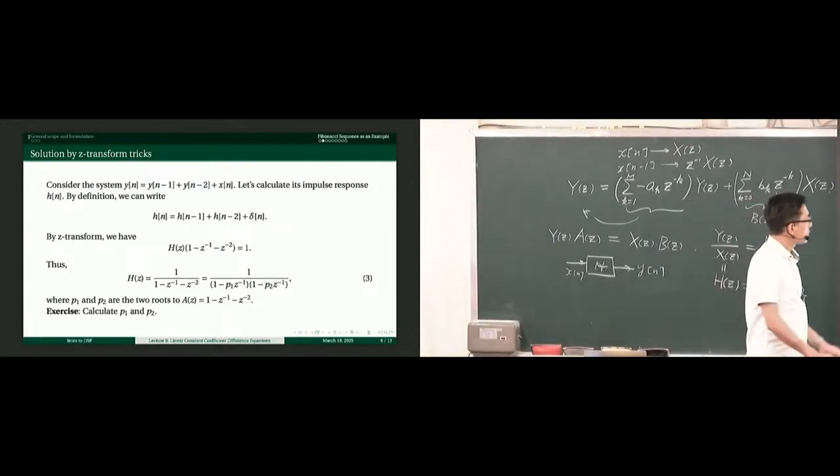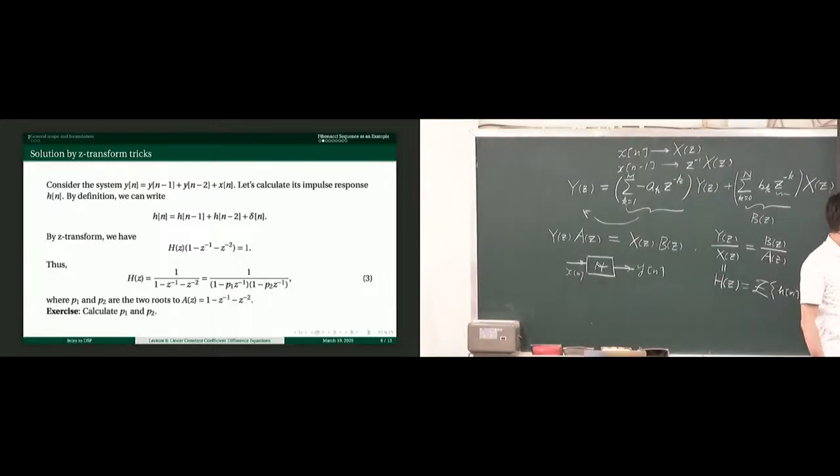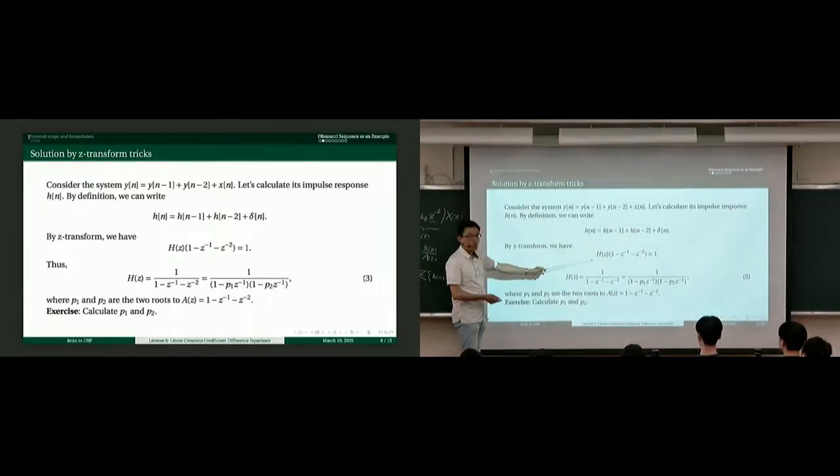So if we move one step further, then let's go to the Z domain. Going to the Z domain, we have this relation. What is H? Then H is 1 divided by that.